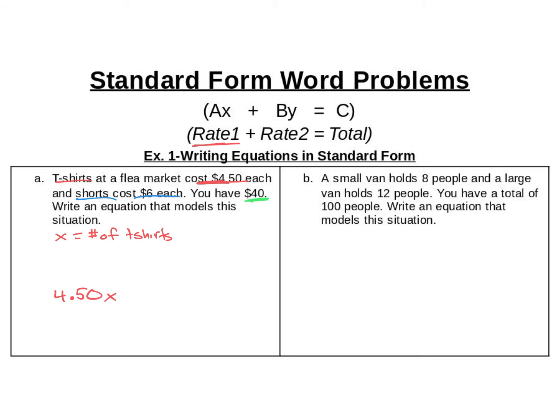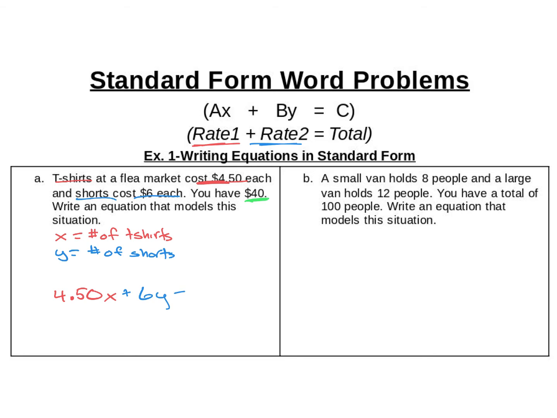When we look at our shorts, well, that's a different rate, plus it's a different variable, different item. So that's where we'll say Y is going to be our number of shorts. And that way, when we look at our second rate, that is going to add 6y.